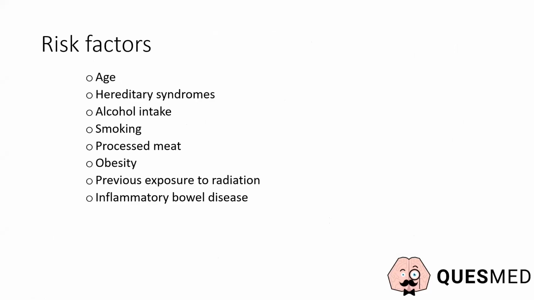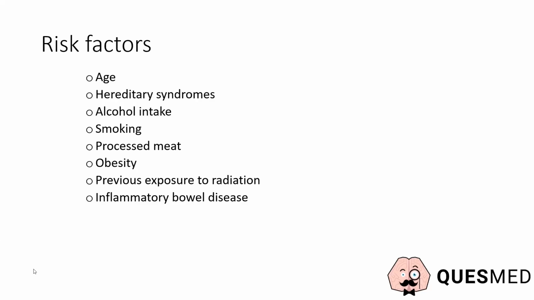It's also associated with smoking or an increased alcohol intake, as it is with processed meat, obesity and previous exposure to radiation, or those with inflammatory bowel disease like ulcerative colitis. Weaker risk factors would include lack of dietary fibre, limited physical activity, asbestos exposure, and red meat.